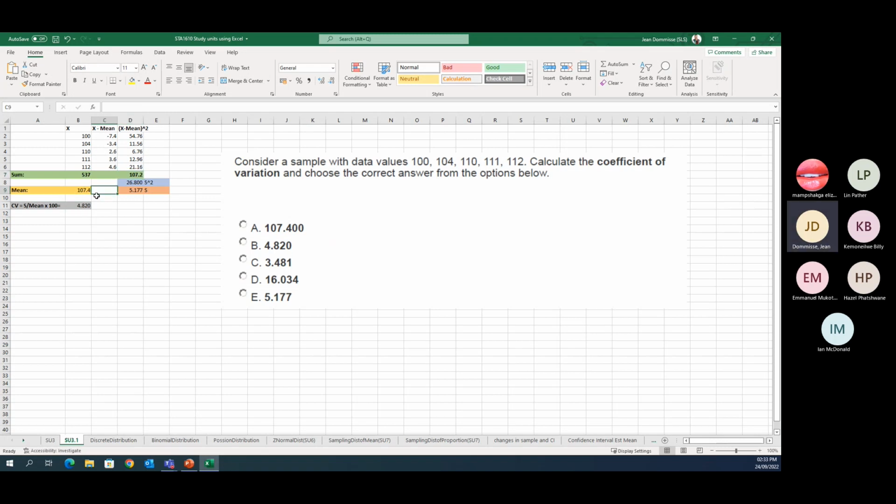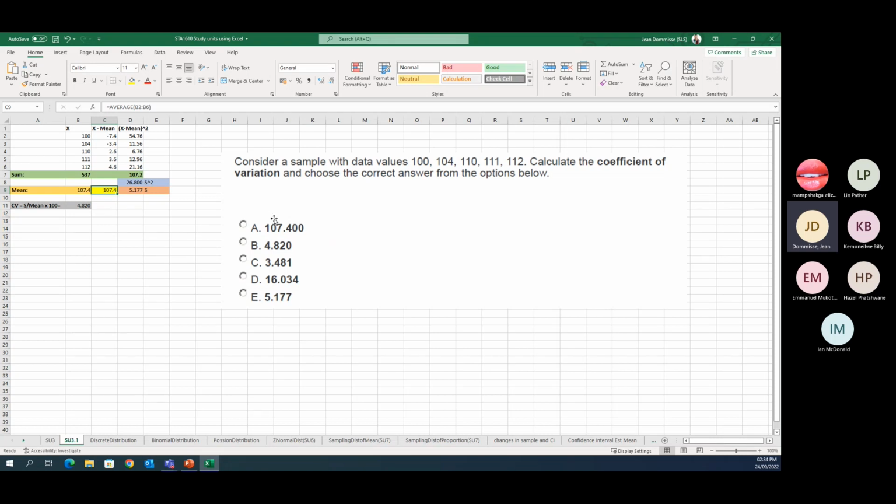So the mean, that wasn't calculated via Excel, it was just the sum divided by 5, but we could have just said the average of those 5 numbers, and that would have given us 107.4. So that's the mean.